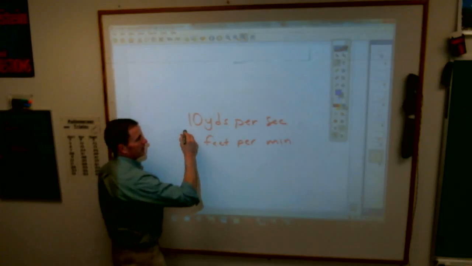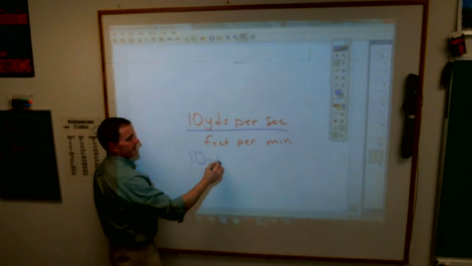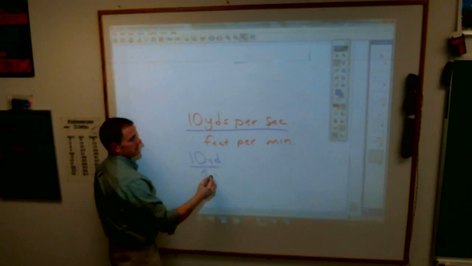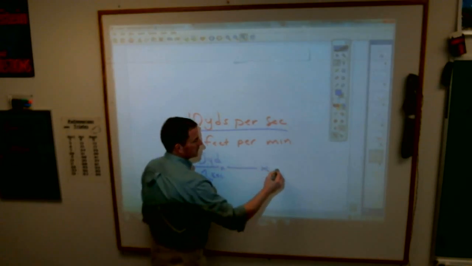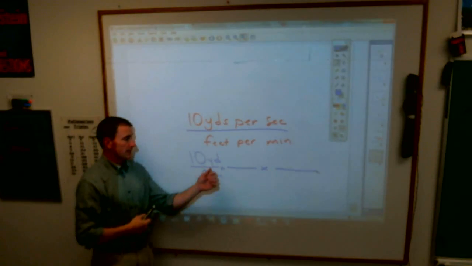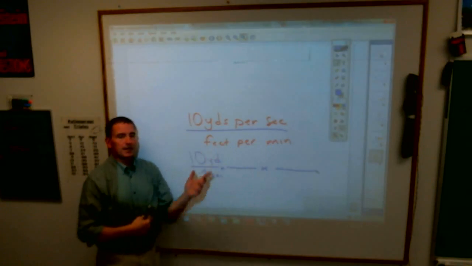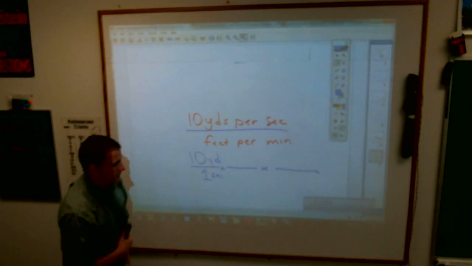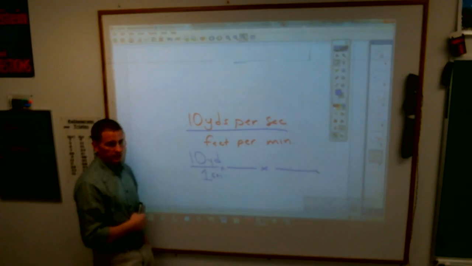So I write out what you're given, and you have to write the labels: 10 yards per 1 second. Now why do I need 2 unit multipliers here? Because I'm changing both the labels. I want to change yards into feet, and I want to change seconds into minutes. It doesn't matter which one you do first. You just got to do them both.